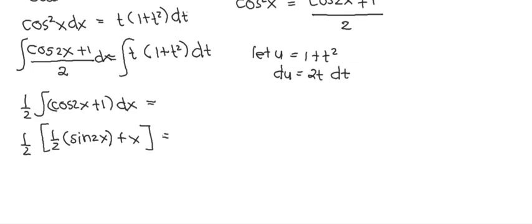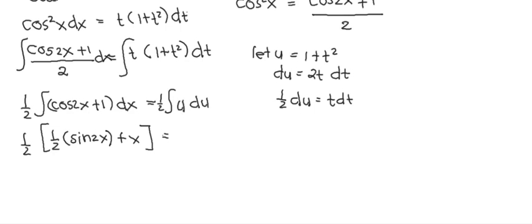This can also be written as 1/2 du equals t dt. Then we substitute it. The integral of t dt is 1/2 du, so we have 1/2 here, then du, and 1 plus t squared is u.